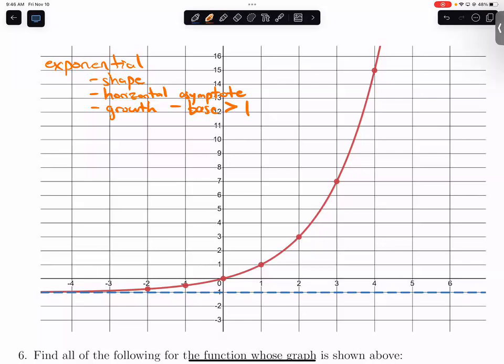Now, exponentials typically approach asymptotically the x-axis. This one, it's at -1. What does that mean? What would be the most straightforward way we could handle that? Making the asymptote be here instead of here.